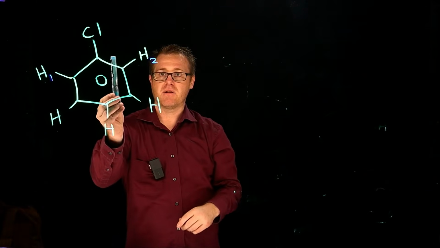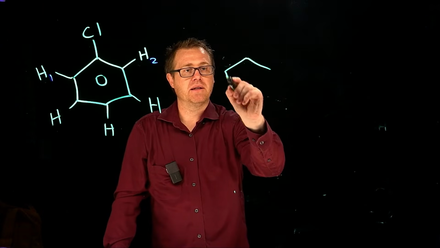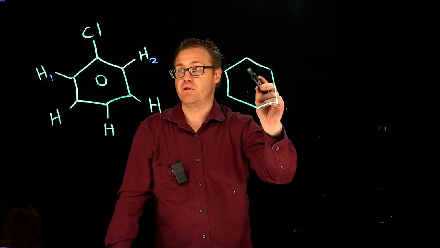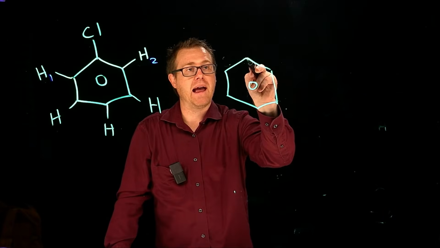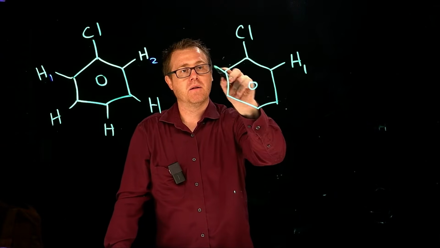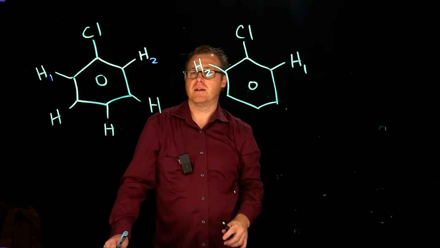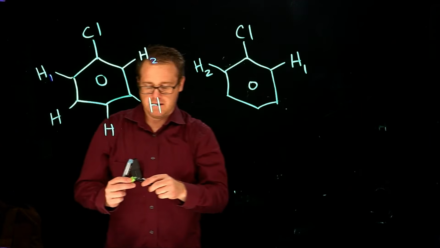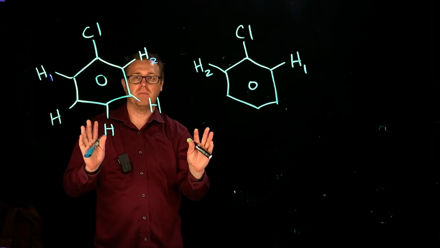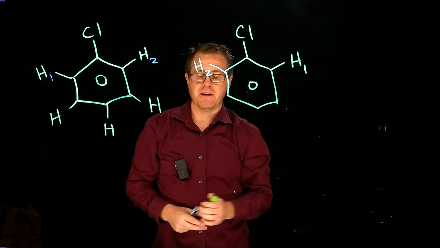I have an axis of rotation that if I spin it 180 degrees, are you able to tell the difference between the two versions, before and after the bond rotation? I'm not going to draw the other hydrogens, just to keep it simple. You see how I just took this molecule and flipped it 180 degrees?